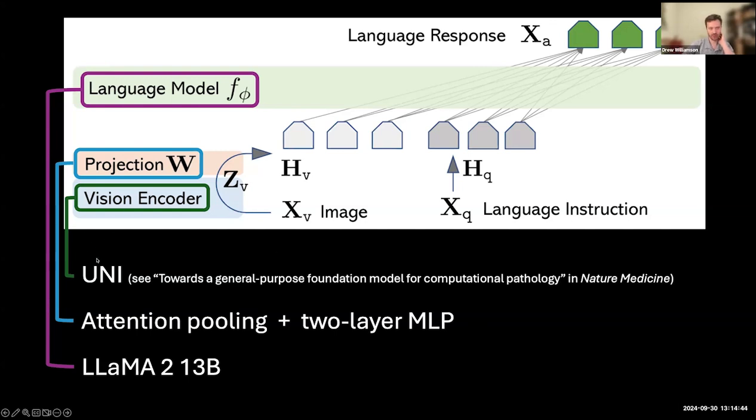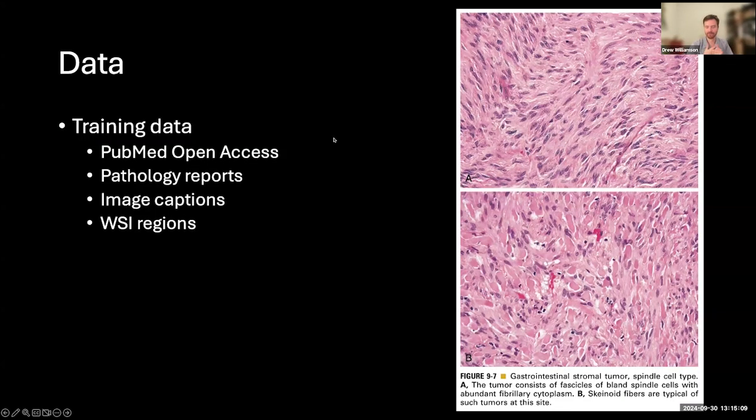And for our vision encoder, we used a pre-trained model that we had previously published in Nature Medicine that you can read about, the paper with that title, that just takes our pathology image and projects it down to a smaller dimension. And then we use our projector again to go from that image embedding space to the large language model's embedding space.